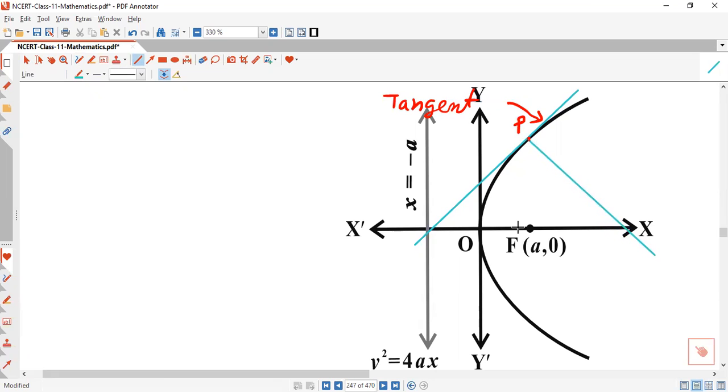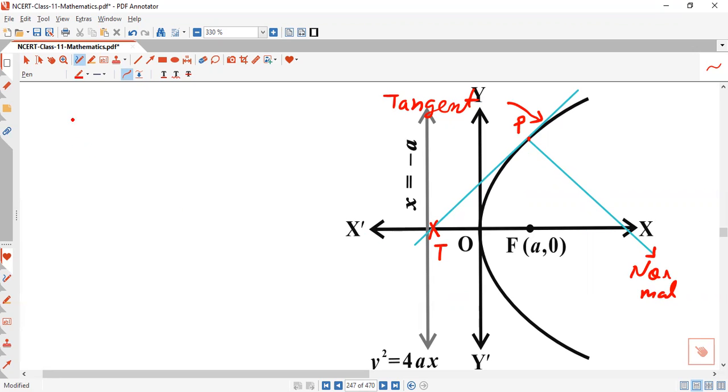This is the normal. One is the tangent, one is the normal, and another one is the x-axis. So this tangent intersects the x-axis at the point T.